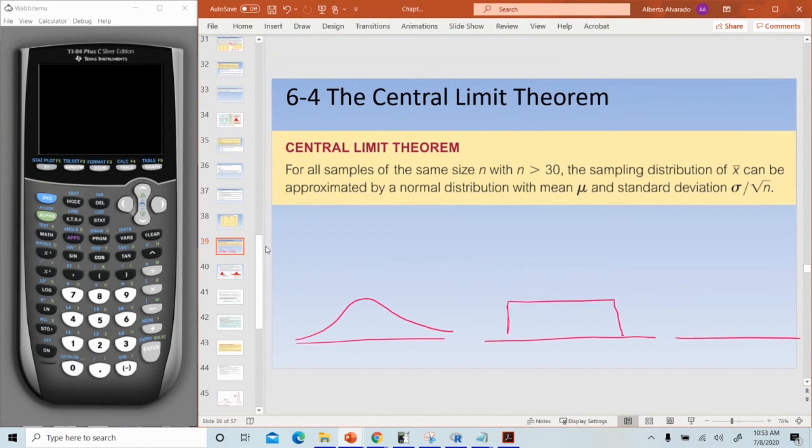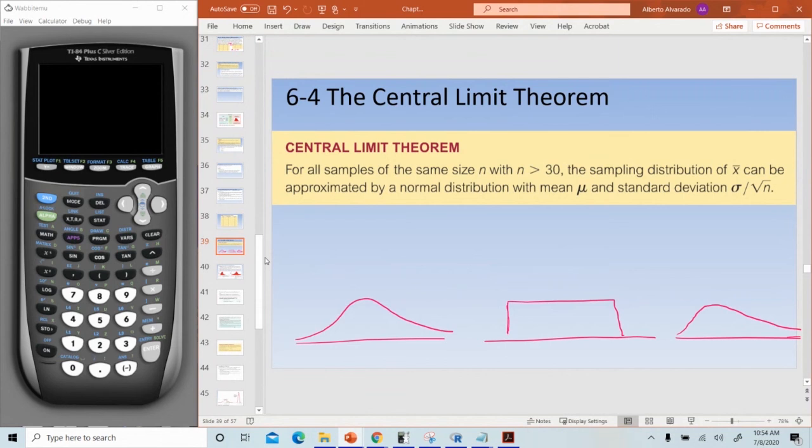Okay, and maybe another distribution that's skewed to the right.